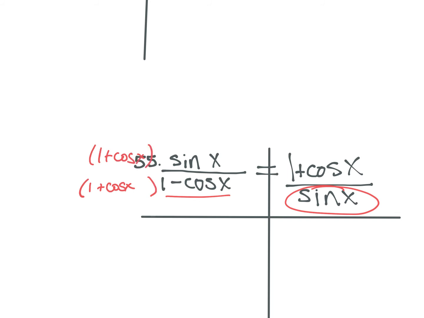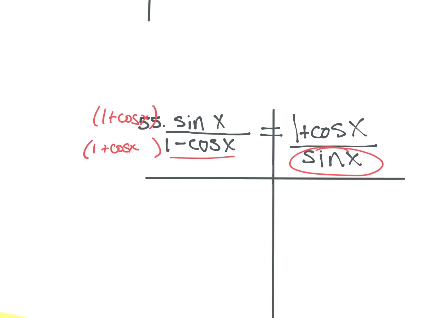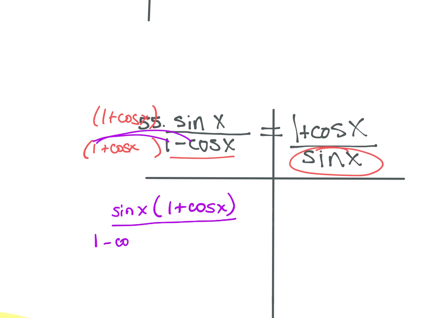To the top, okay? So I'm just going to rewrite the numerator. Don't multiply anything together because remember, we're simplifying. So we want everything to get smaller. When I FOIL this bottom, 1 times 1 is 1. 1 times negative cosine is minus cosine x. Cosine times 1 is plus cosine of x.